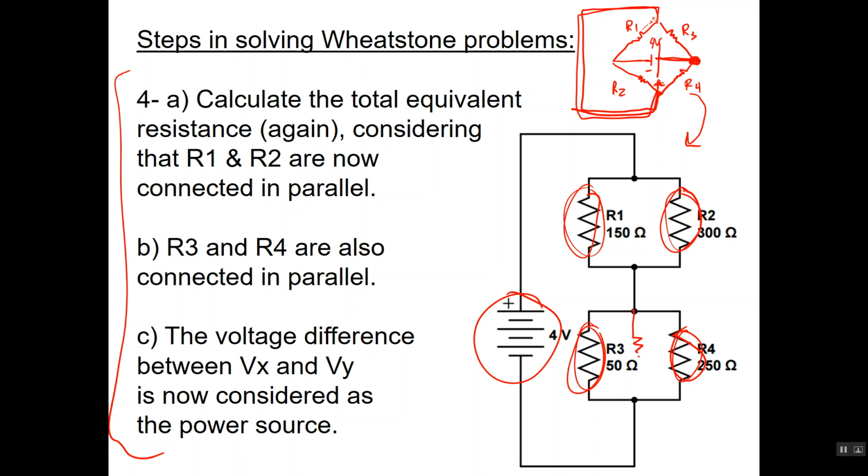So this one here and this one here, we can find those values. So 1 over 150 plus 1 over 300. And here is 1 over 50 plus 1 over 250.